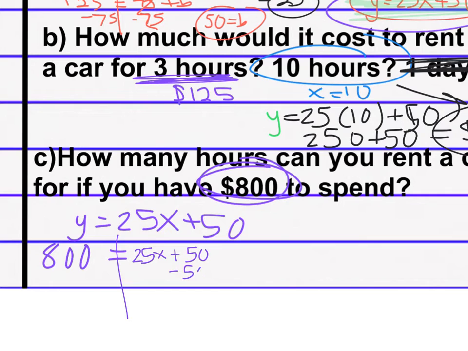I subtract 50, subtract 50. 750 equals 25x. I divide by 25, divide by 25. Okay, so x equals 29.